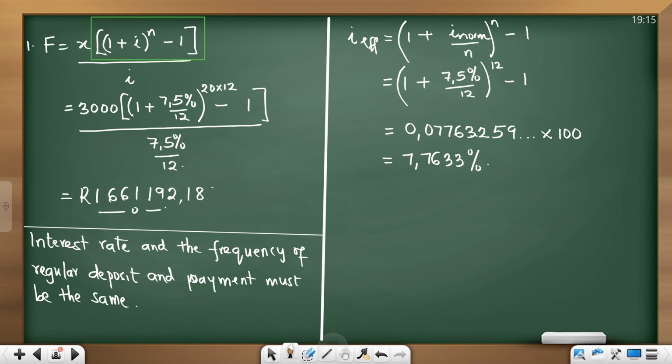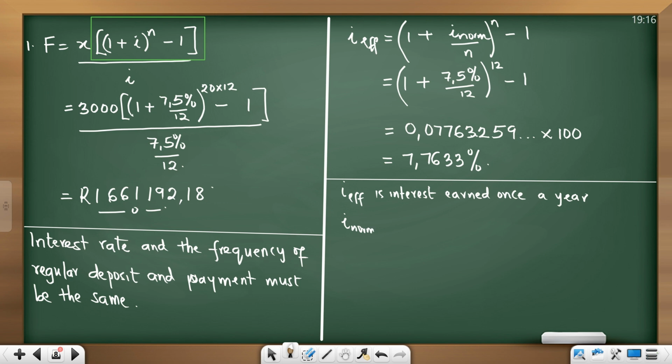And this is what I want to tell you again on this. Quickly, the difference between them: I effective is interest earned once a year. I nominal is interest earned more than once a year. And let me give you a quick note as well.